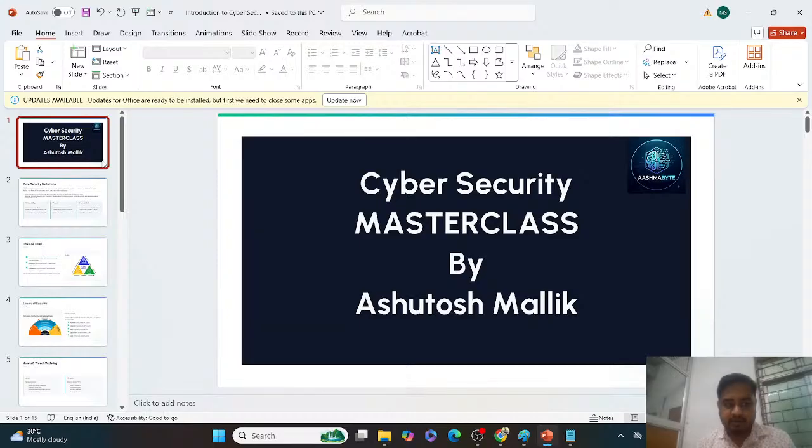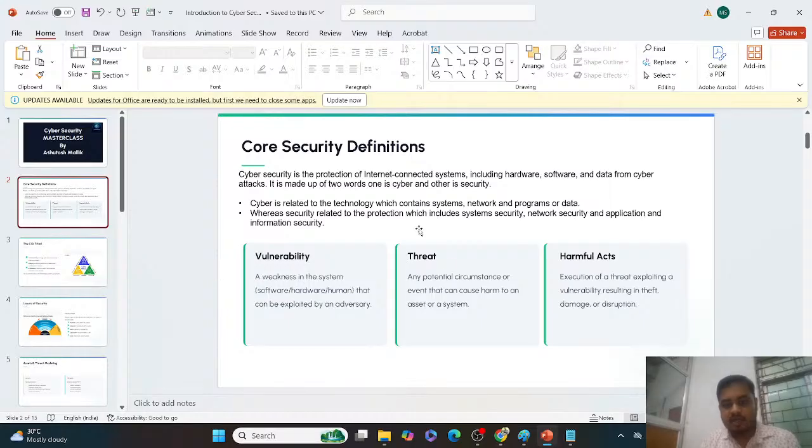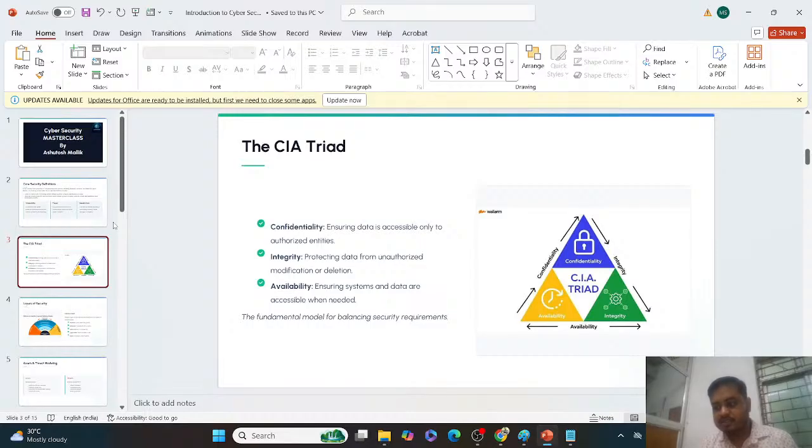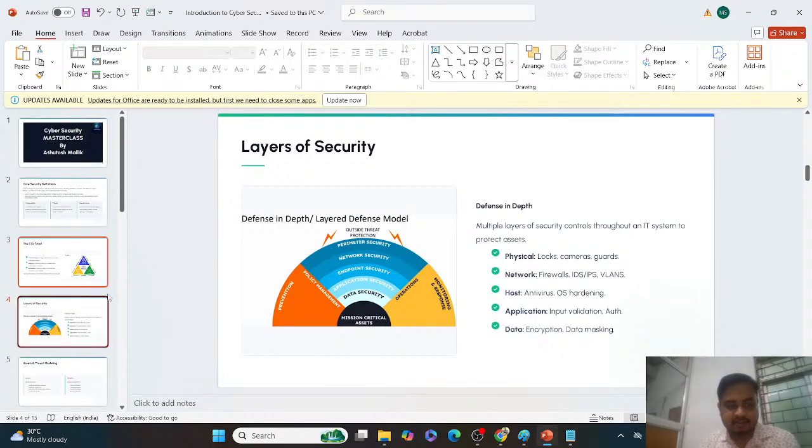What do you mean by cybersecurity? Its definitions, the parts, some key terms of cybersecurity, the CIA Triad, and the layers of security. We'll be discussing these things.